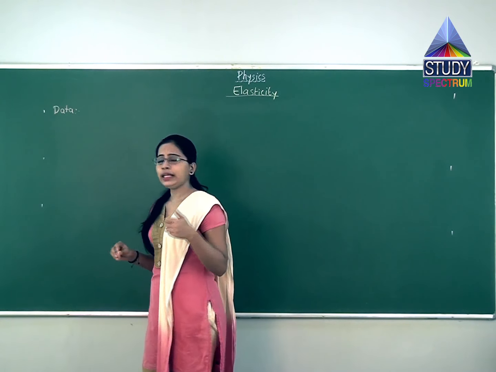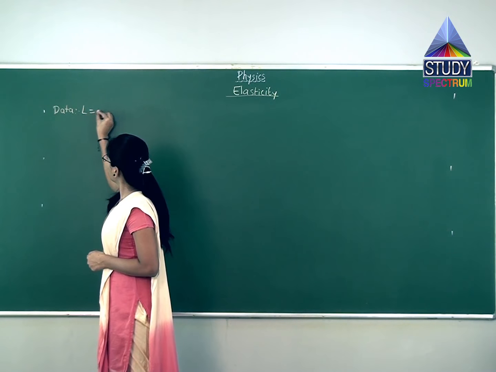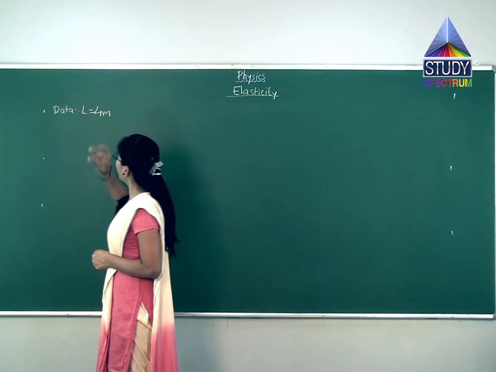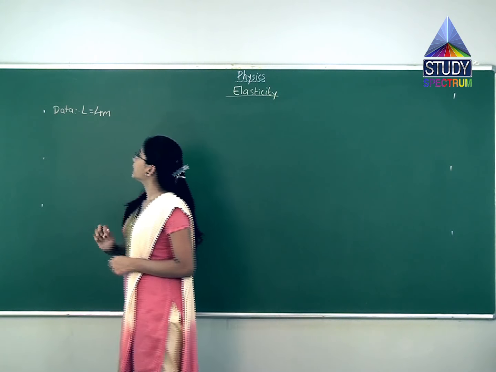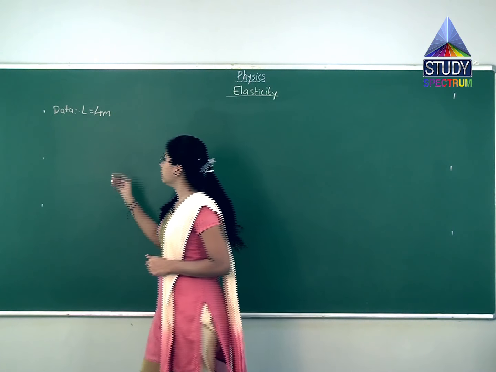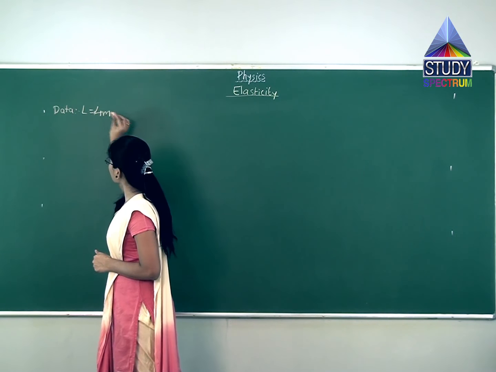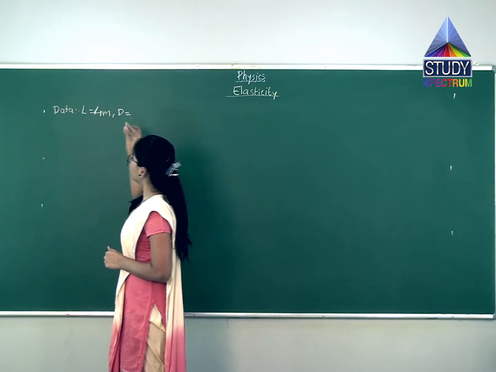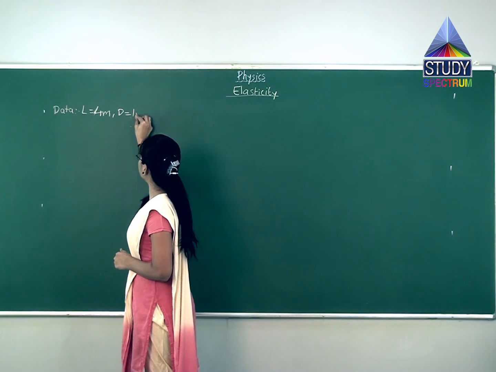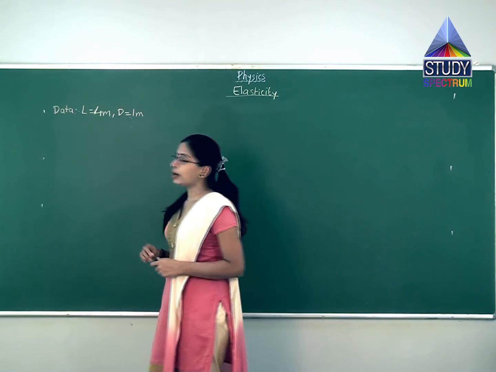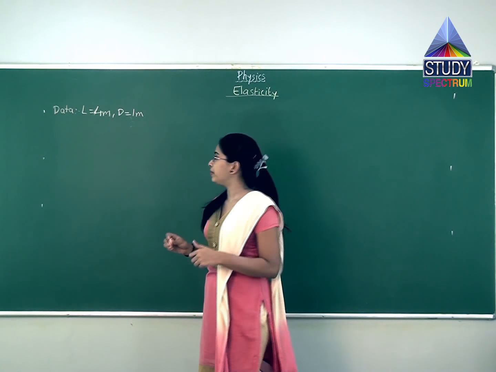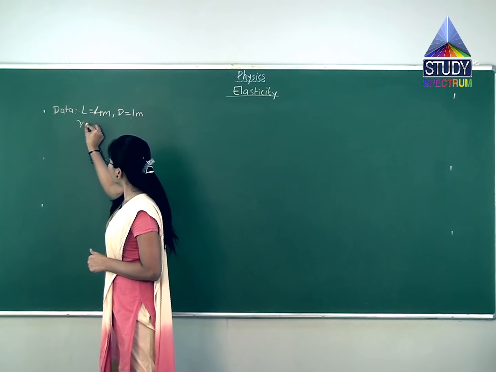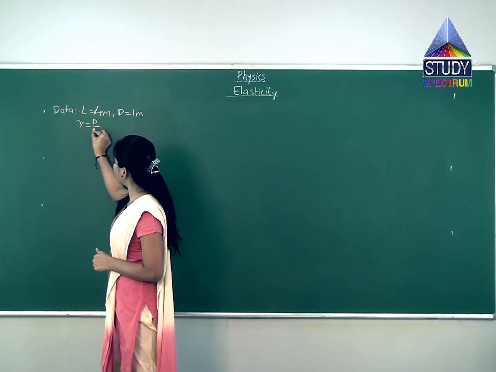Now the length of the wire is given, so L is equal to 4 meter. Then D, that means its diameter, is also given, so D is equal to 1 millimeter. Now the radius we will find from this diameter, so R is equal to D upon 2.